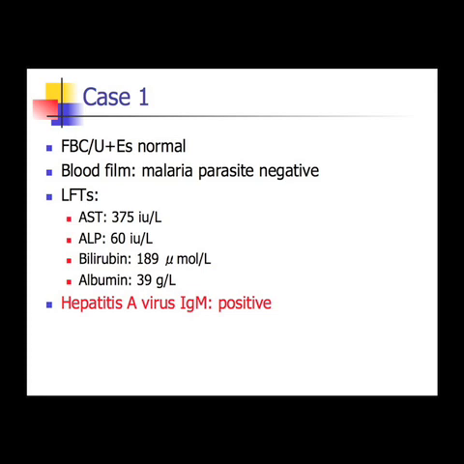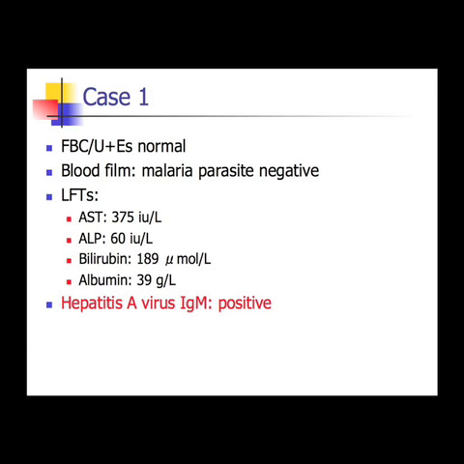The next thing you want to do when you're looking at liver function tests is to take a look at the AST and the alkaline phosphatase, because that gives you an indication of whether this is more a hepatitic process or a cholestatic process, something affecting the biliary tract. In this case, the AST is markedly raised in comparison with the ALP, which would give us more of a hepatitic picture.